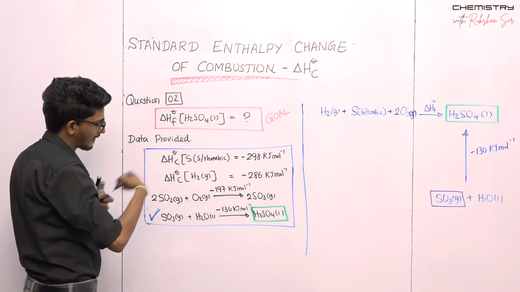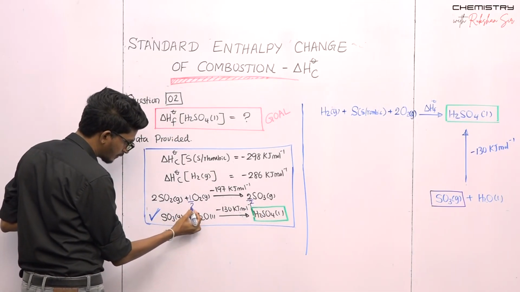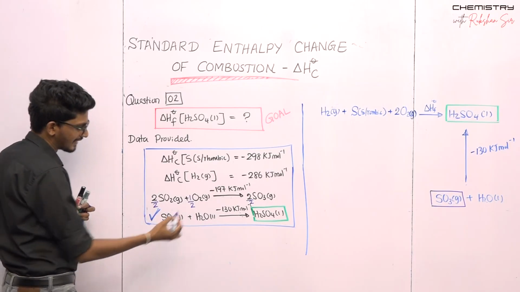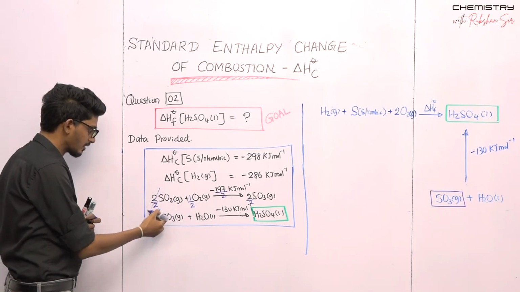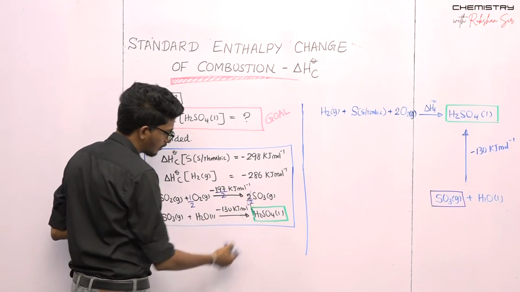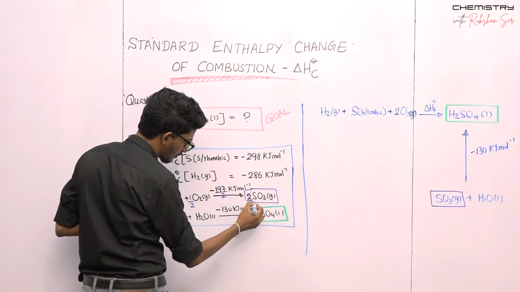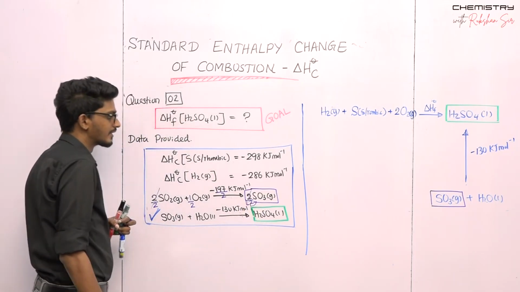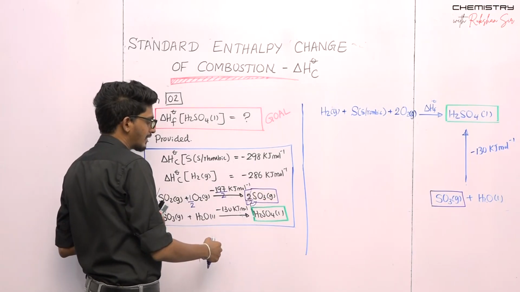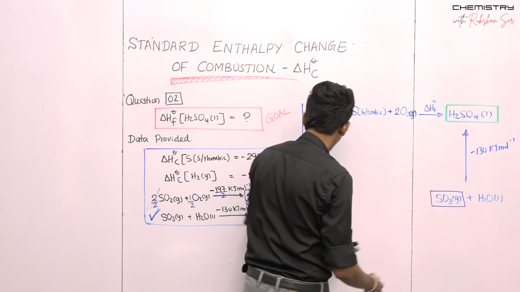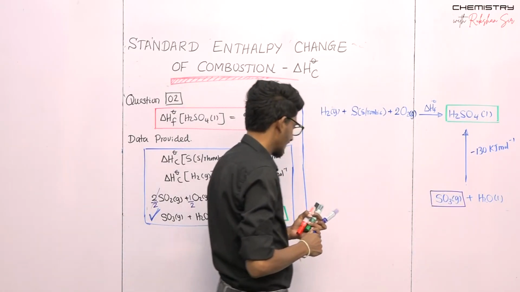So just divide the whole equation by 2, even this energy value. Then this thing will cancel off, this becomes half, and you will come up with 1 mole of SO3 gas. Then take that SO3 and paste it here.